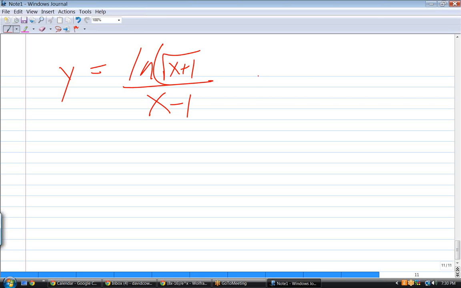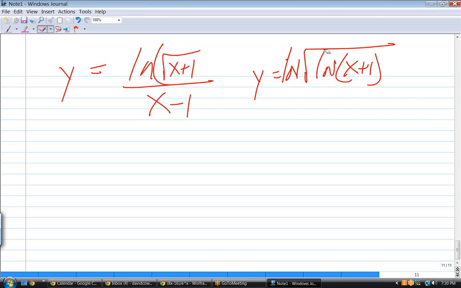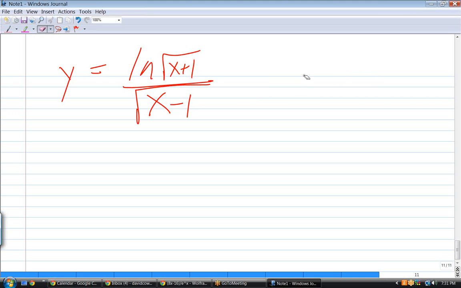And the natural log is multiplied in front. The natural log is outside of the square root. Like the x plus 1 and the x minus 1 are both square rooted. Like that. So is that right? Yeah. Okay.